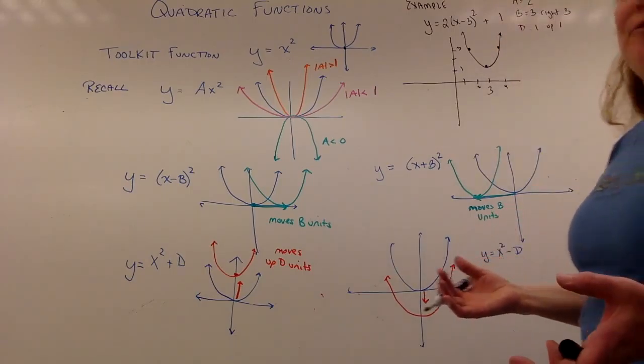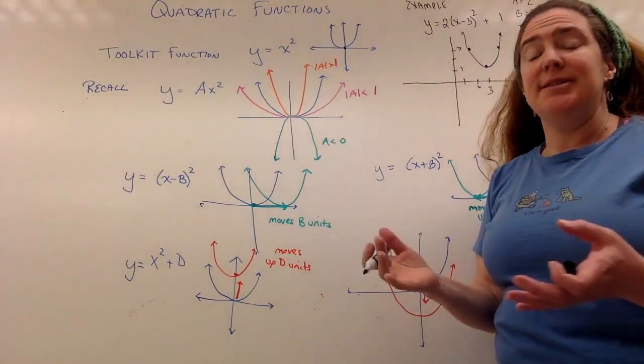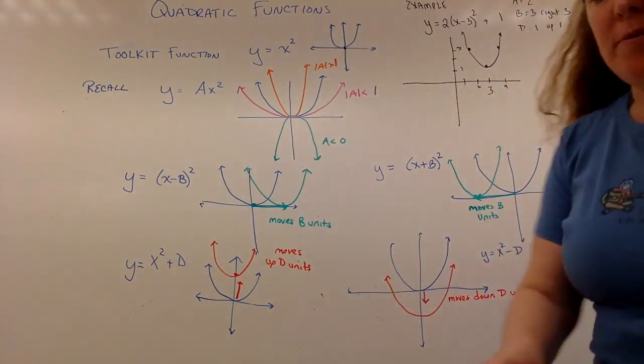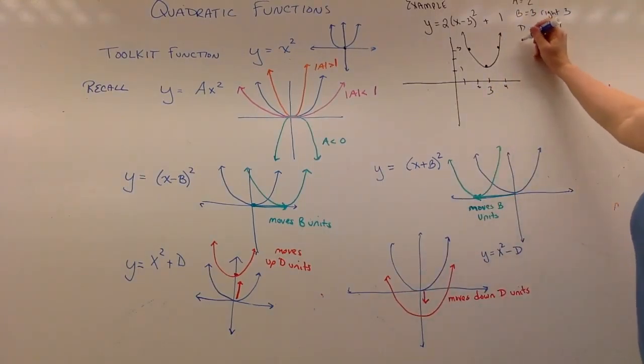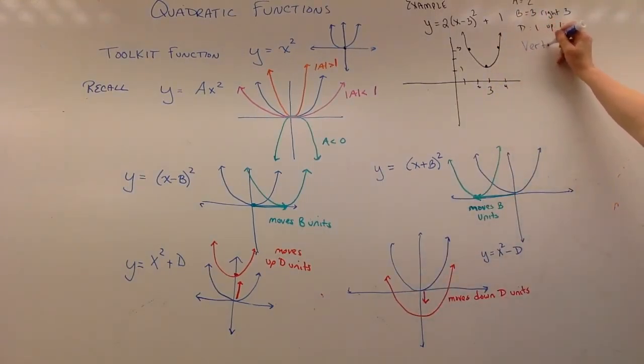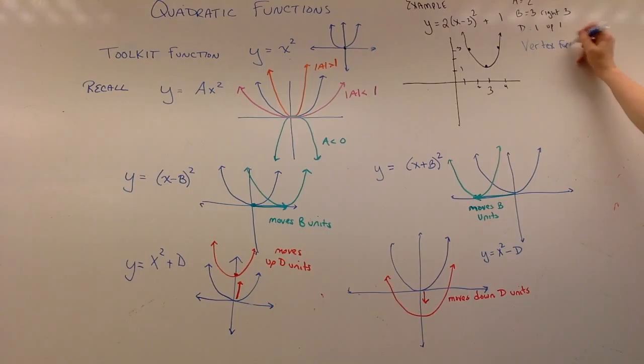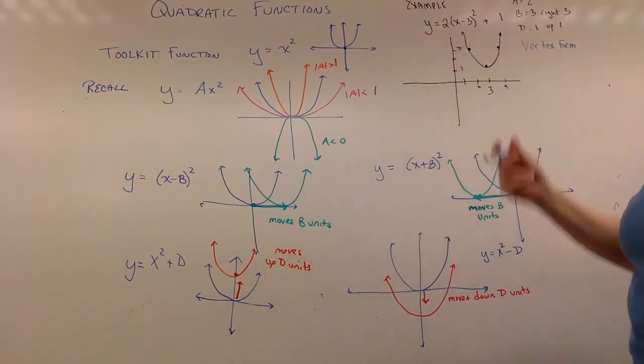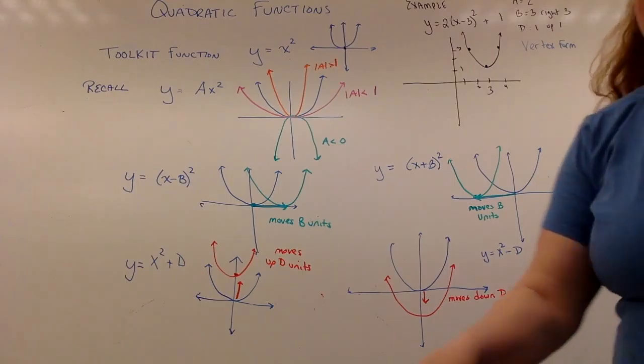This is really useful. It means I can right away, boom, sketch any parabola that I want to sketch. So this form is called vertex form. And instead of calling it a(x minus b) squared plus d, we like to use h and k.